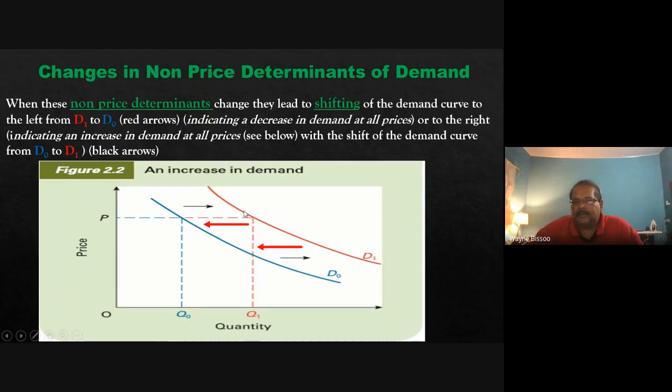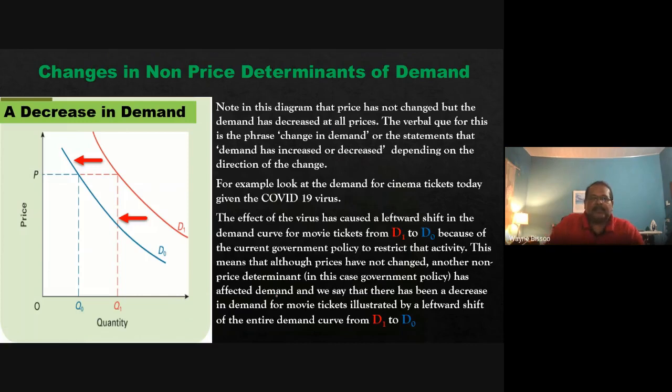An increase in demand is shown by a shift to the right, and a decrease will be when we go to the left. Okay, so I think that's in the next slide here. This is the decrease here when we shift to the left. Making sense?